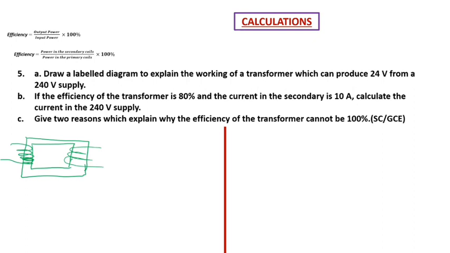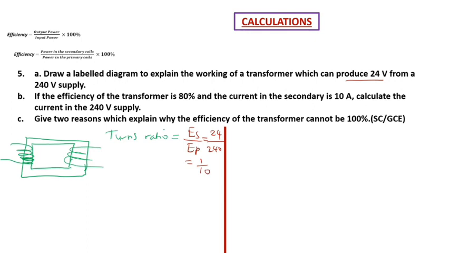So I'm going to calculate the turns ratio. So the turns ratio would be equal to, so we are given the voltage, it's going to be ES over EP, and that will be equal to 24 over 240. So that's going to be equal to 1 over 10.